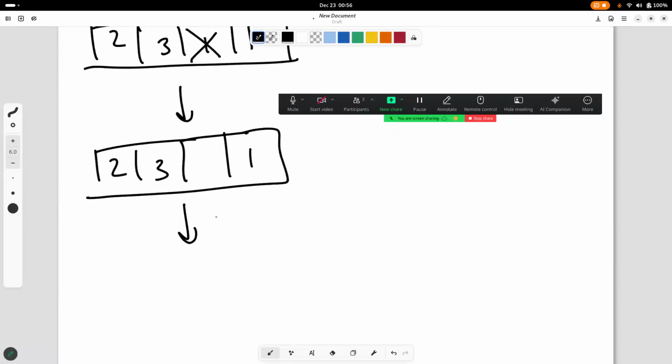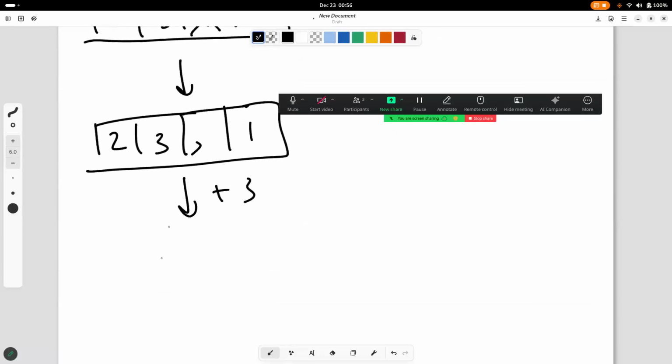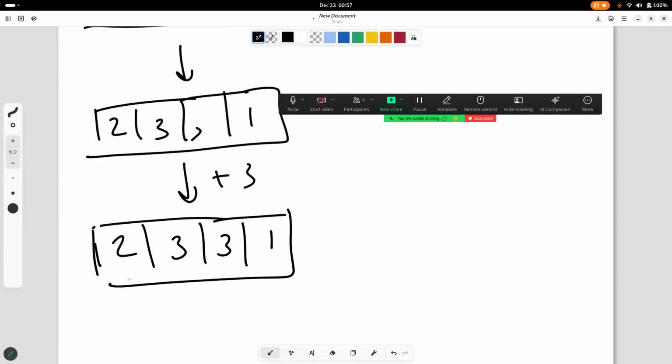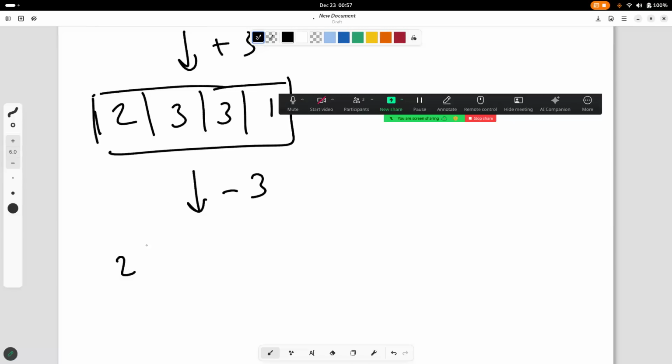And this is snake 1. In the next operation, snake 3 enlarges, so this cell is filled by 3. Our grid looks like 3, 3, 1. Next operation, snake 3 shrinks, so our grid looks like 2, an empty cell because this part has shrunk, and 3 and 1.